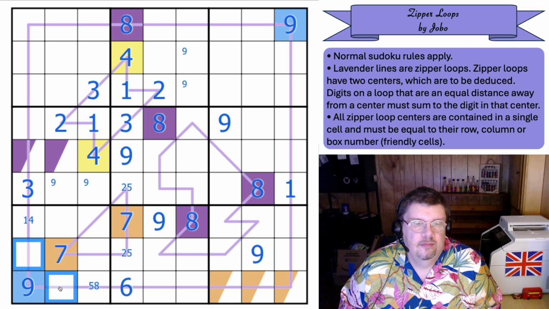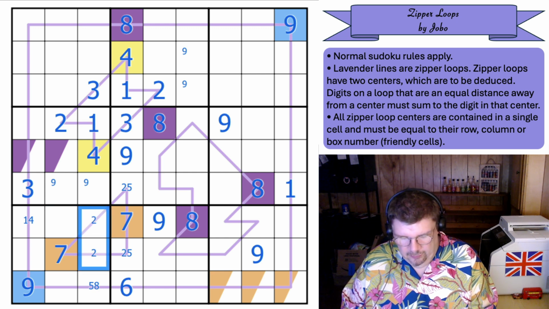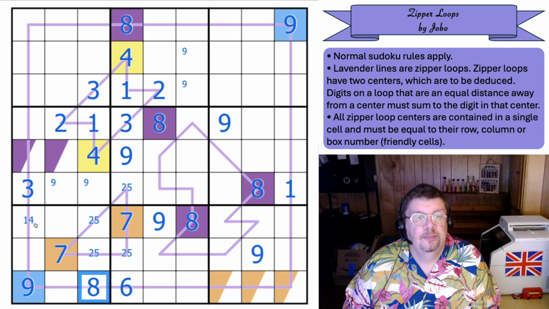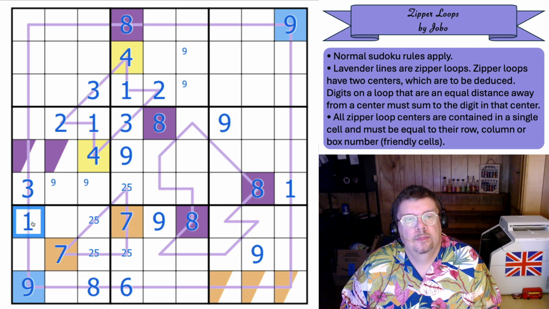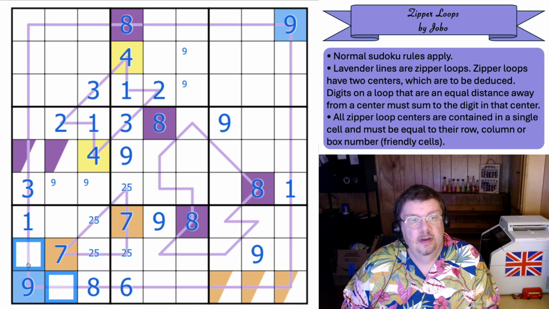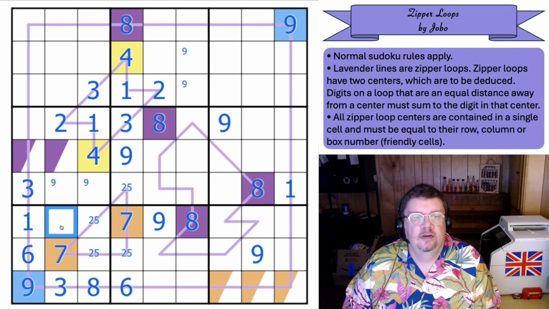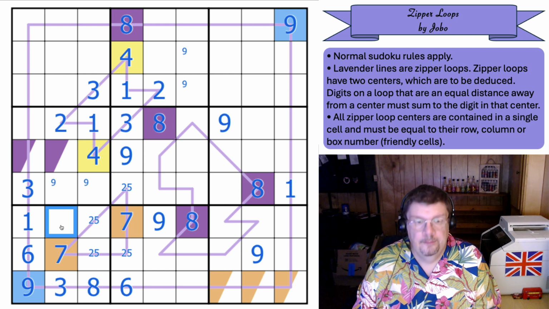It can't go in either of those cells because I would need a 7 with it. Can't go there by sudoku, so it goes there, and that makes it a 2, 5 pair. That makes that an 8. That's a 1. This can't be 4, 5, 1, 8, 2, 7. That must be a 3, 6 pair, and we know which way round it goes. And this is a 4.